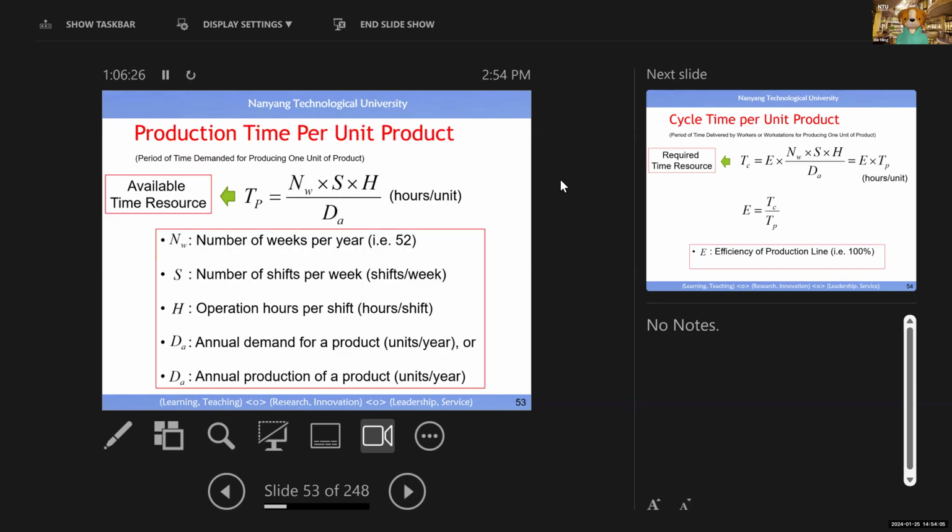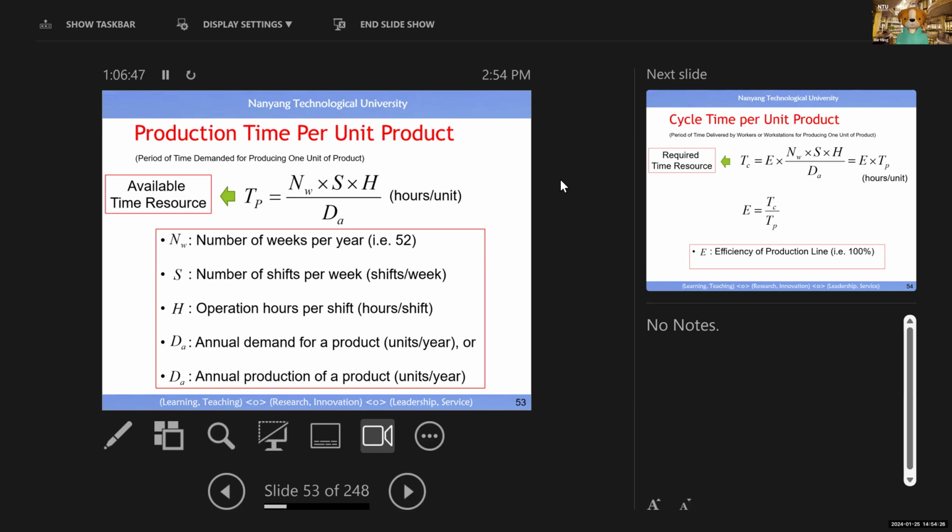Now this equation is very, very interesting, right? This equation is for you in case in future you become a CEO of a company or you become a manager of a production line or factory. Then you must know this equation, right?